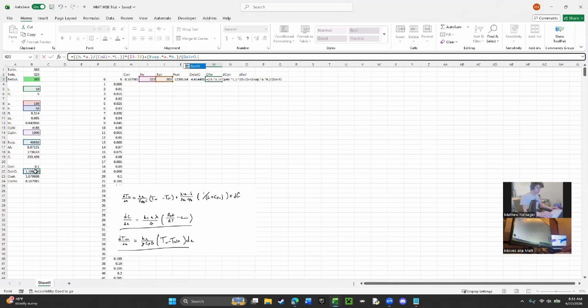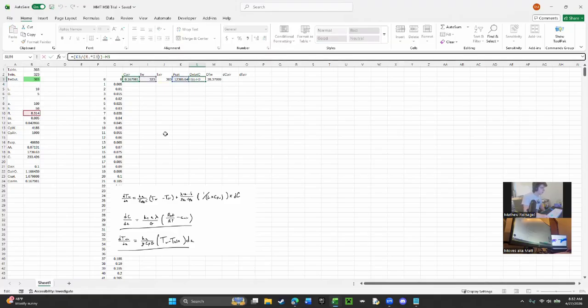And then multiply that by the heat capacity of the air. And then multiply that by 1 over the liquid flow rate multiplied by the heat capacity of water, and then multiply that by the change of concentration.